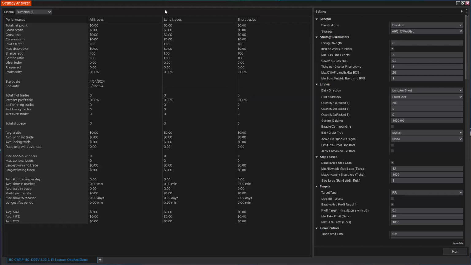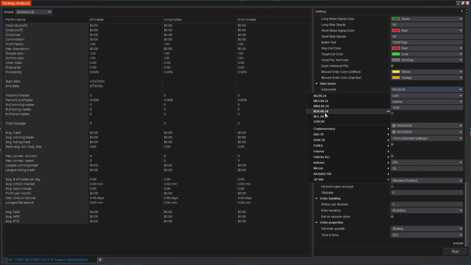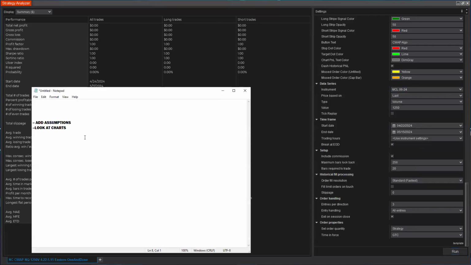So let's go ahead and pull up MCL. We're going to do the June contract because I don't know if we've totally converted over to July, and we'll just go with June anyway. Another tip is you always start wide, then you narrow. You want to get the trades in and look at them before you start filtering everything out.